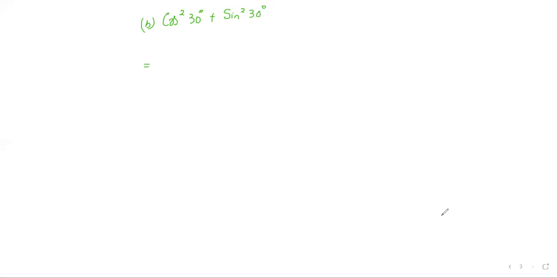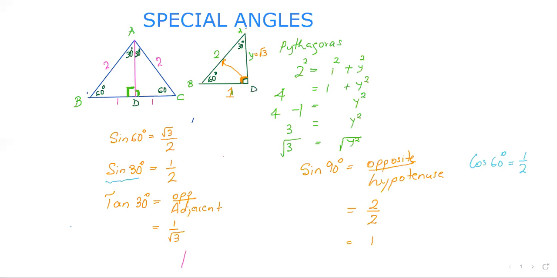If you go back to our previous page, the sine 30 is a half, and the cos of 30, we can also get the cos of 30. The cos of 30 degrees, by definition, is adjacent over hypotenuse, √3/2.